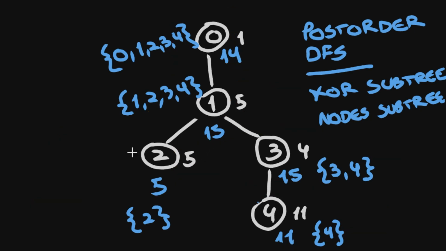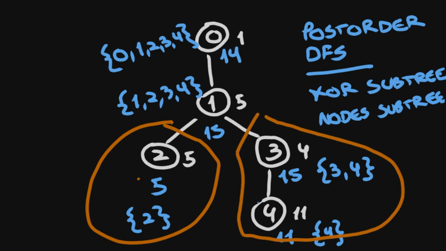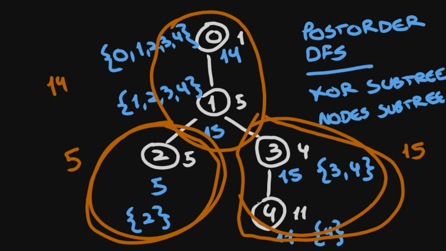We can also have a second scenario in which we don't have nested components. Let's say we remove this edge, meaning we take this component, and we remove this edge, meaning we take this component. Here the XOR value is 5, here the XOR value is 15. And the way to get the XOR value in this case is to take the total XOR value at the root, meaning 14, and subtract these two subtrees.